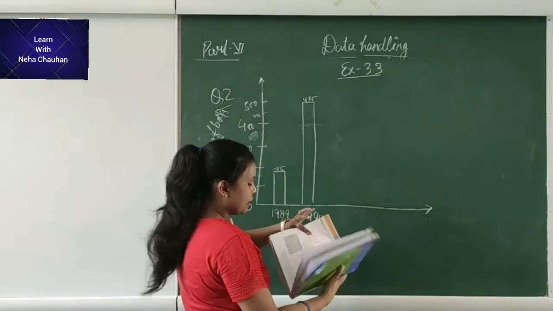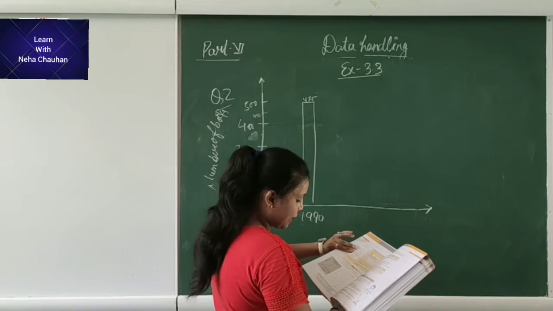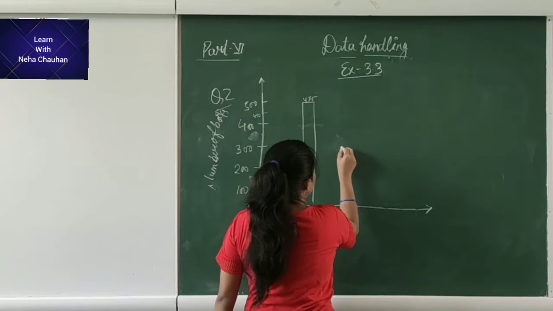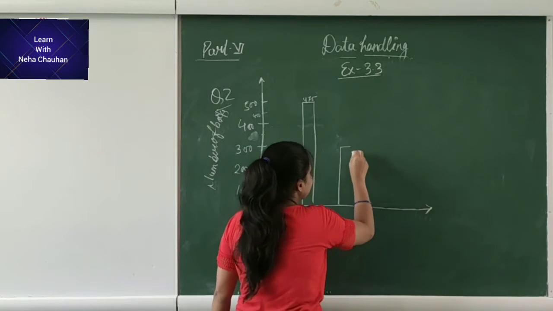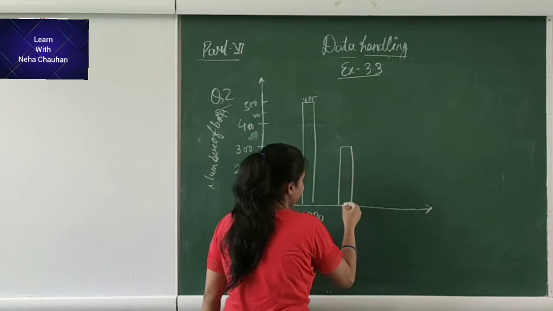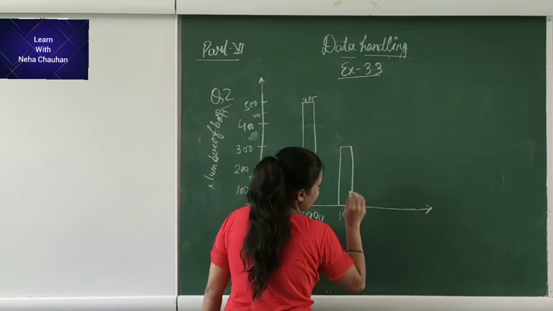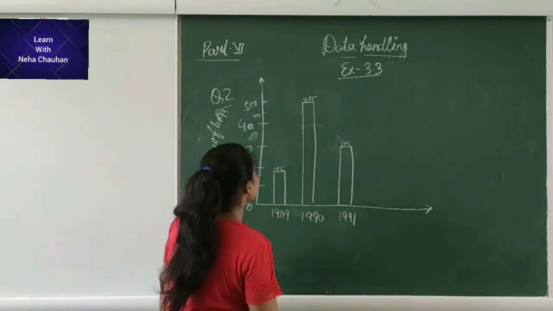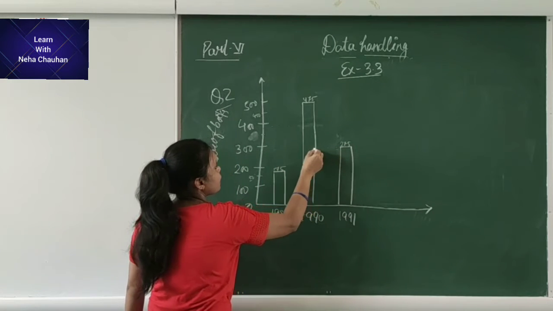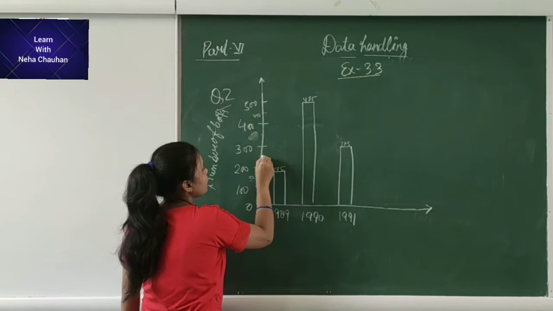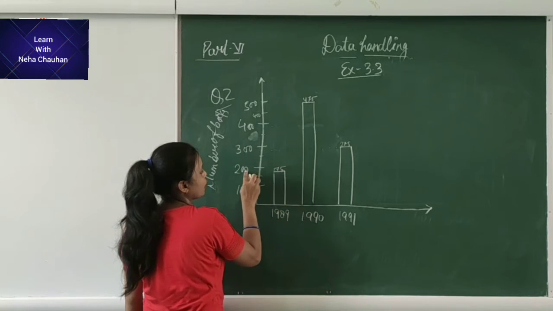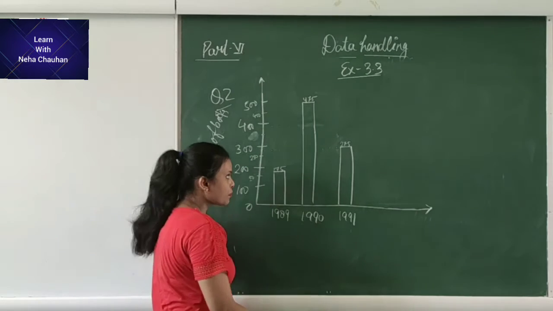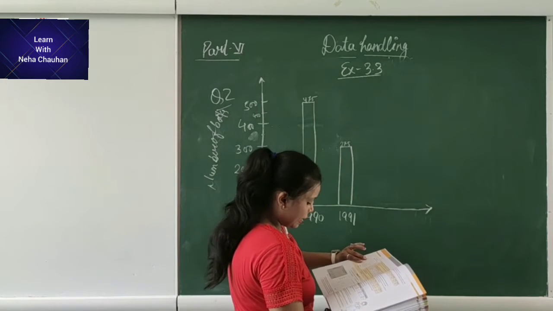Okay. Next is 1991 and this represents 275 books. Why is it so? Because this marking is above the half of the marking between 200 and 300, right? Okay. Next is 1992.